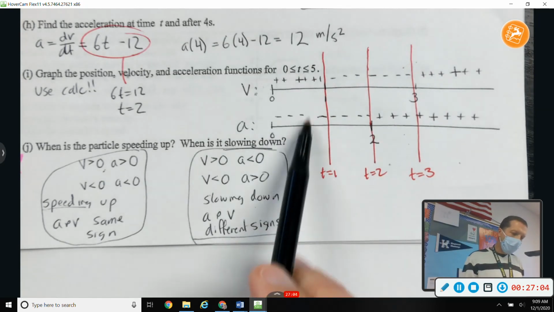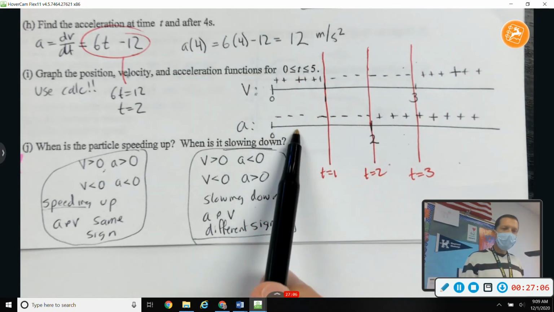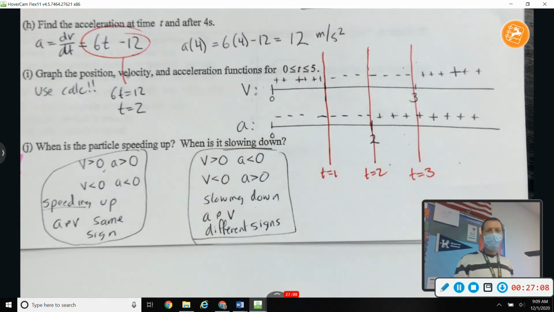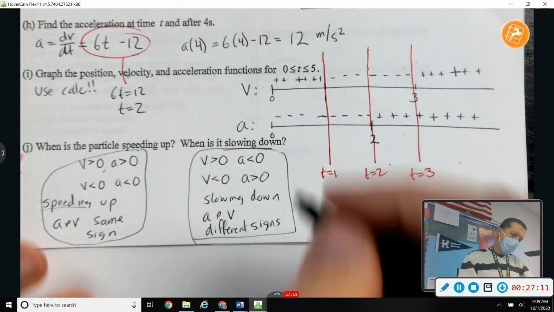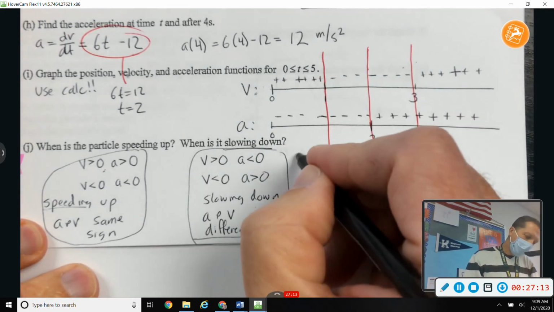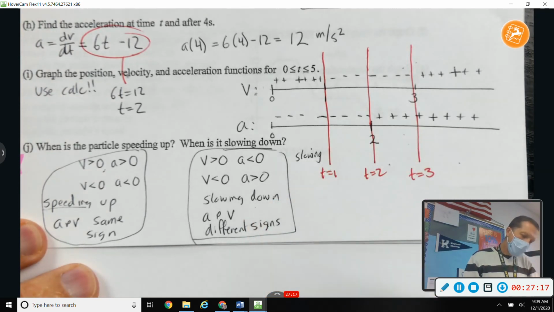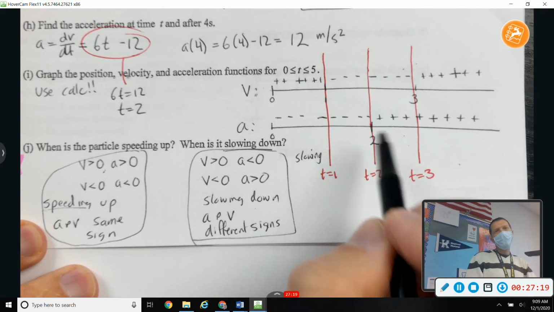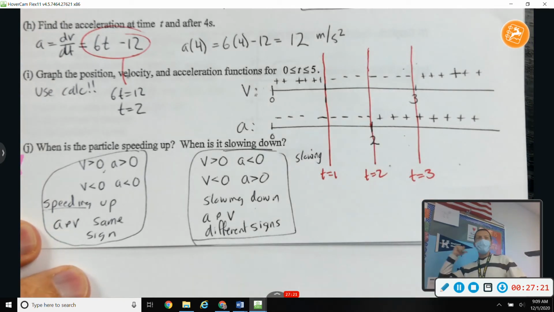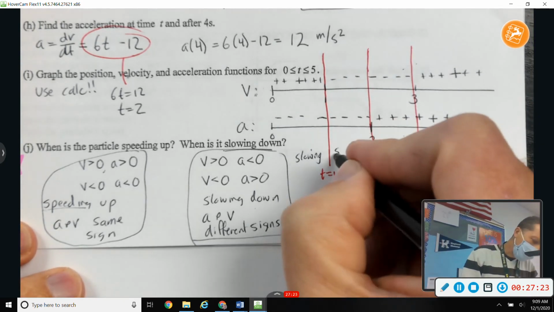So from 0 to 1, are we speeding up or slowing down? Slowing down. They have different signs. From 1 to 2, they're both negative, so we're going backwards and speeding up backwards. So we're speeding up from 1 to 2.